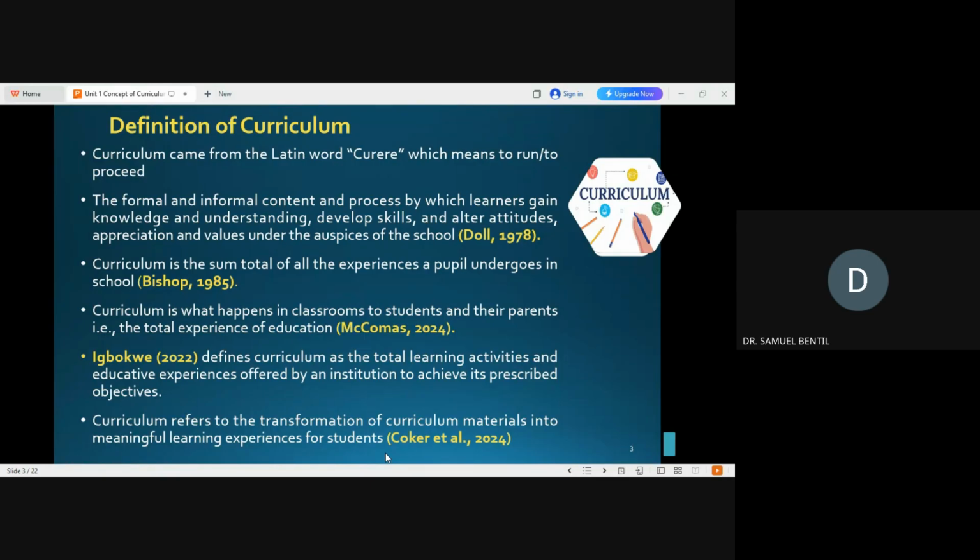You can also add process. You see, it's a process. Curriculum is a process they go through. So you can also say formal and informal experiences or processes. They are all correct. So at least for nothing at all, these four keywords must feature in your various definitions. Okay.